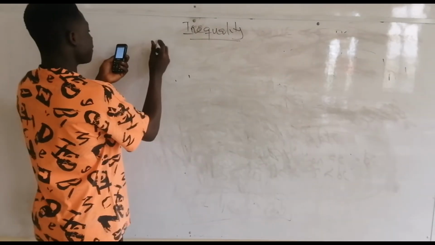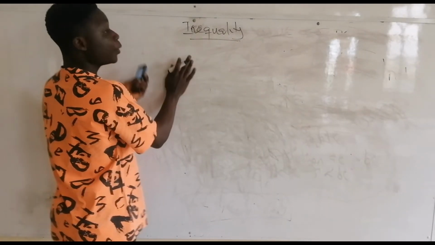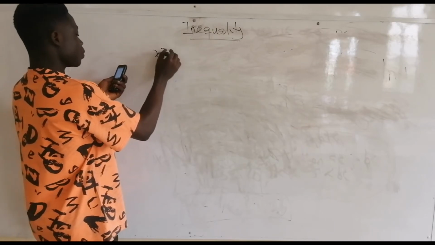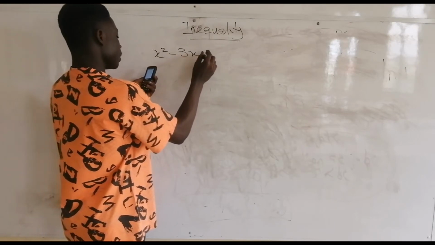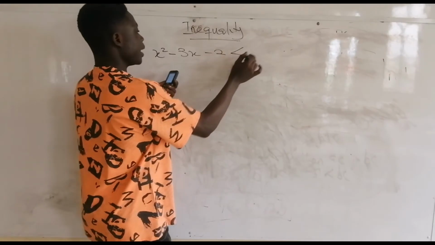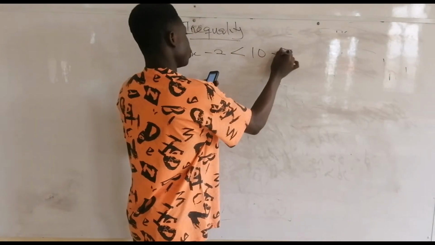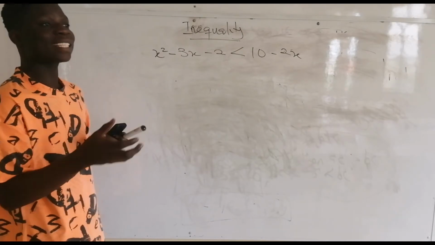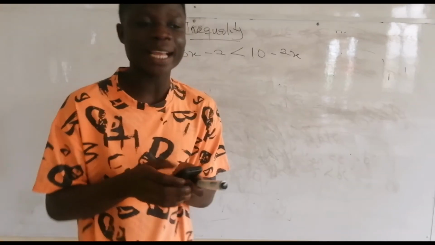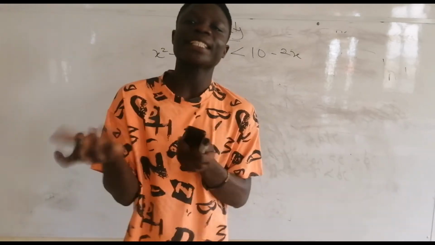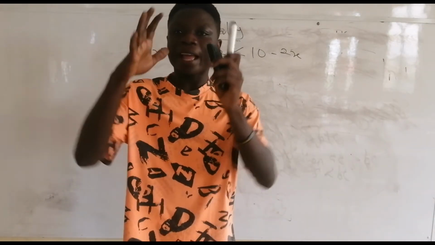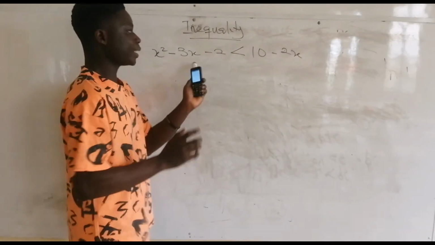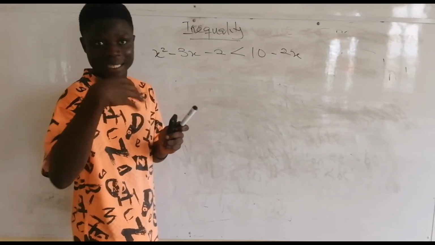So we should find the value for x, for which x squared minus 3x minus 2 is less than 10 minus 2x. The first step: with inequality, x is an interval. So we are not going to look at x as one value, but x is an interval. So the answer for x will be an interval.